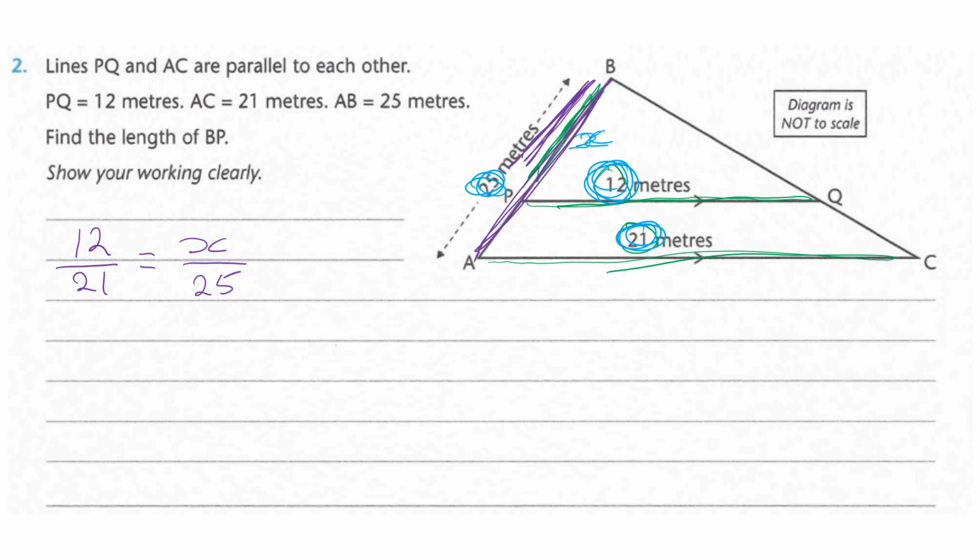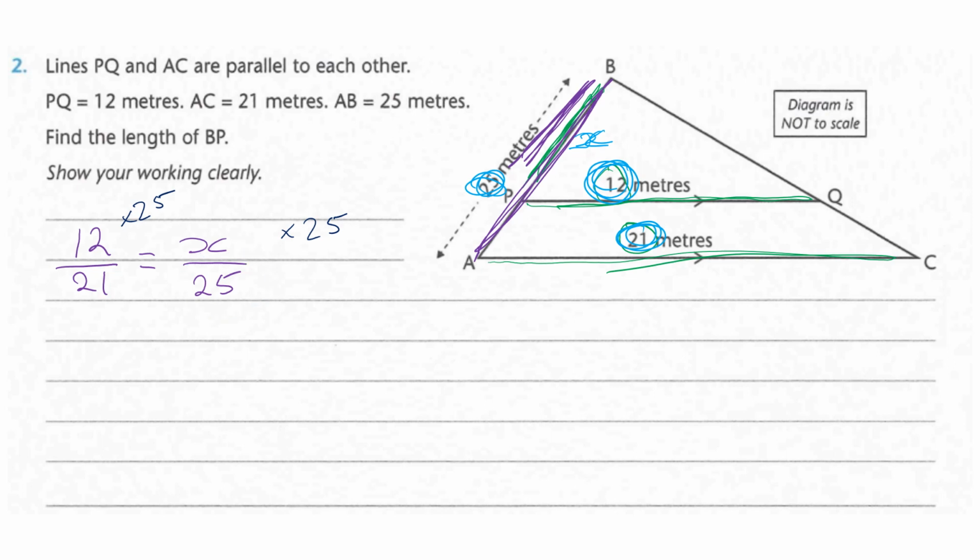Now that I've done that, I'm just going to work out my problem. In order to get this 25 over to the other side of the equation, I need to multiply both sides by 25. All we're doing is the opposite of the things that are there. Here I'm dividing x by 25, so I'm going to multiply by 25.